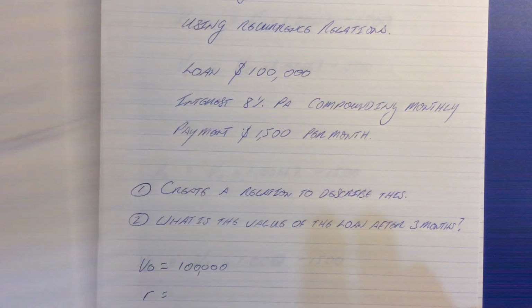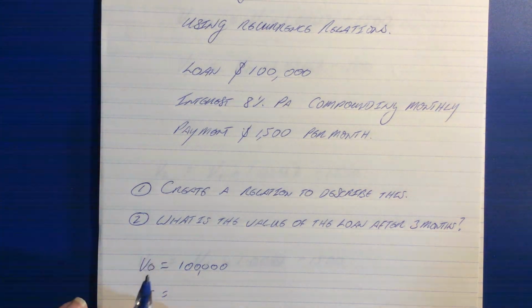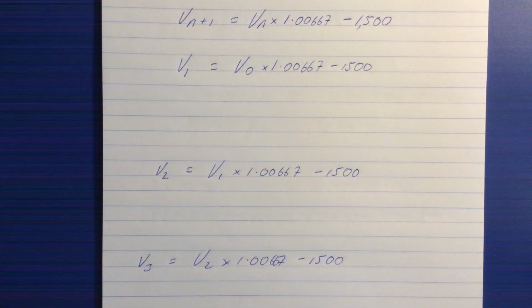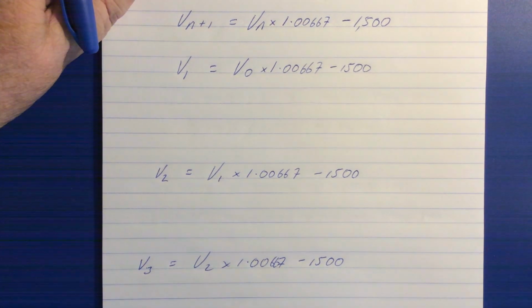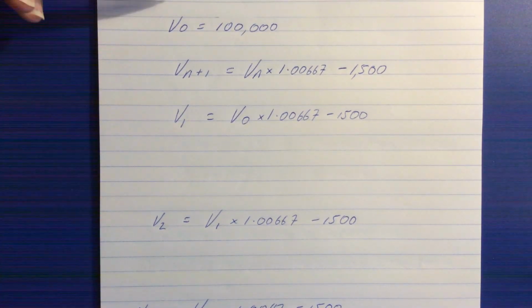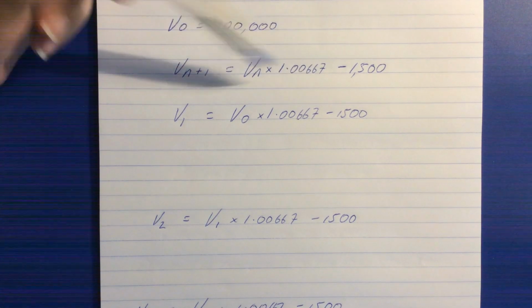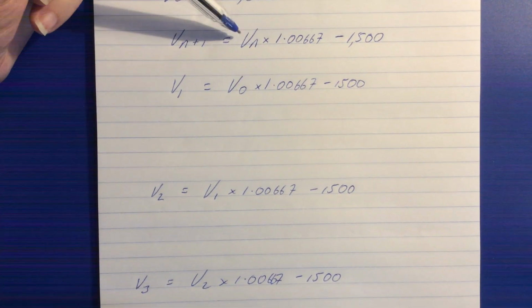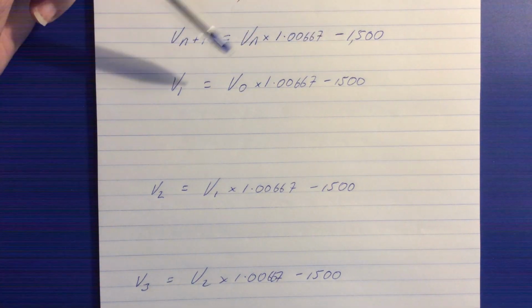Now, the second question was, what is the value of the loan after 3 months? And here we have set up a series of recurrence relations to work that out. Now, V0 is $100,000. Here we have our formula, Vn plus 1 equals Vn times 1.0067 minus $1,500.